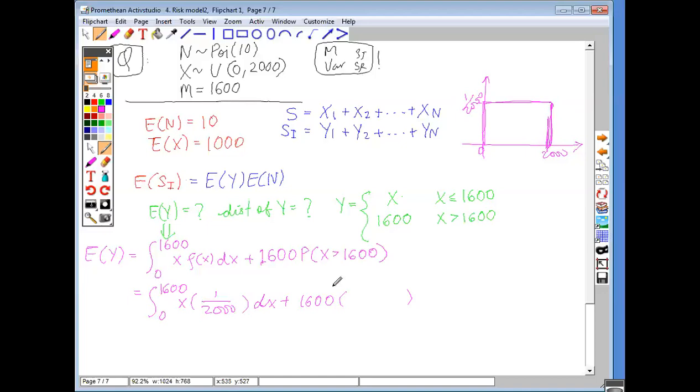So that's good. And now if I have to figure out the probability that my x will take a value higher than 1600, how can I do that? One minus 1600 minus 0 upon 2000 minus 0.